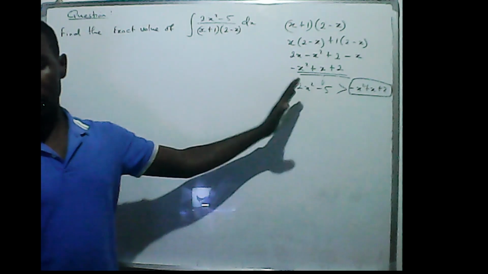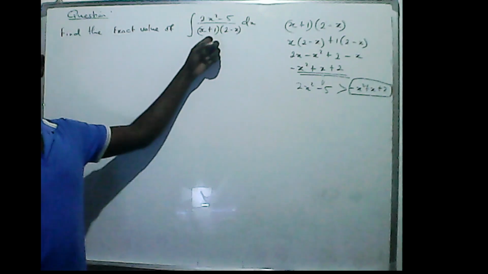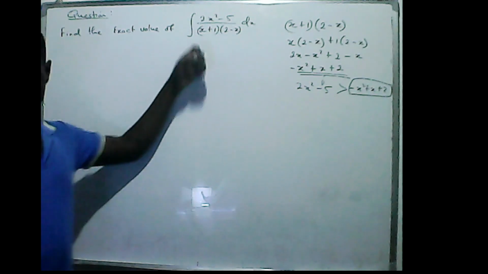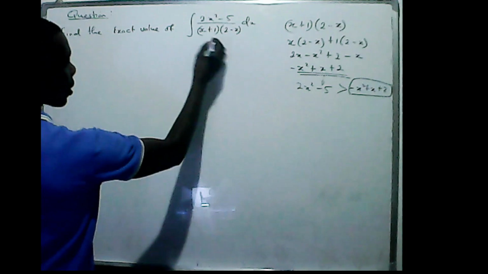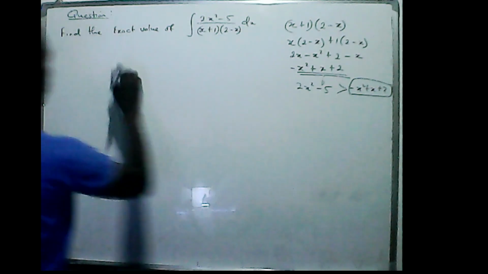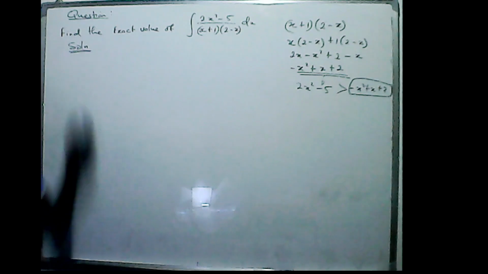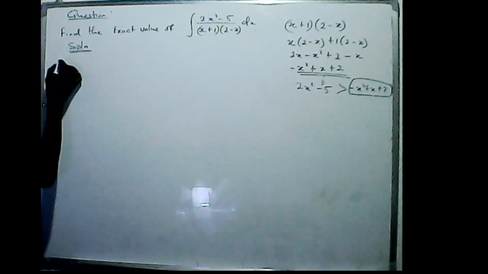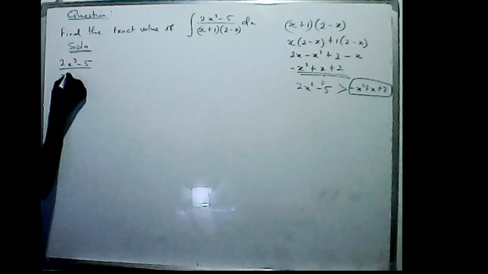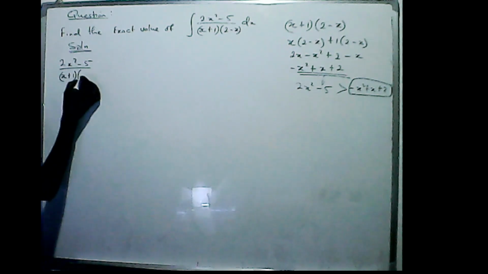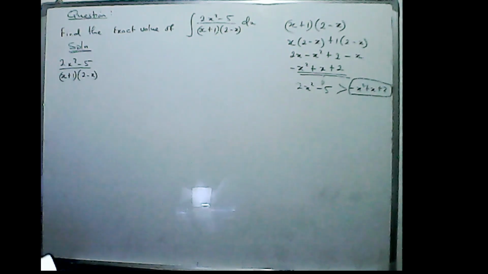So in this case, we have an improper fraction. So this one is integration by partial fractions. We want to integrate by partial fractions, but this one is an improper fraction. Therefore, we want to express 2x squared minus 5 over x plus 1 times 2 minus x in partial fractions.